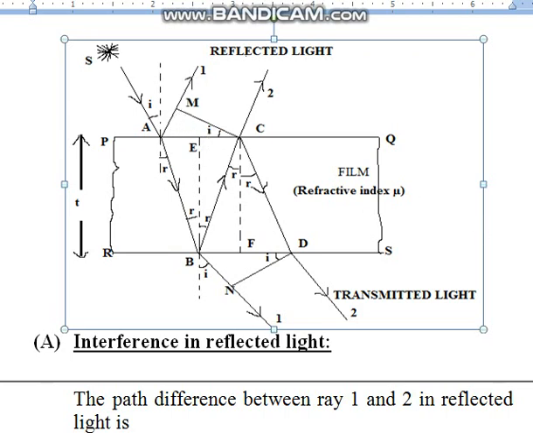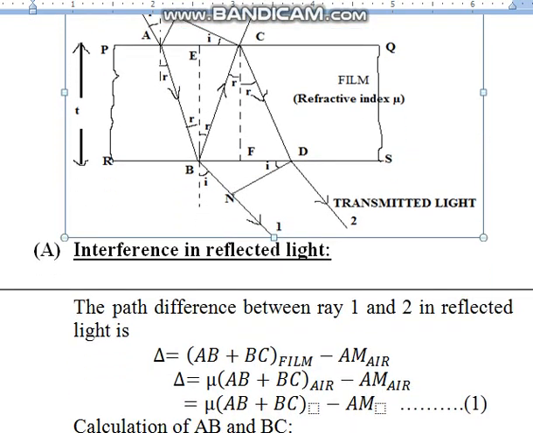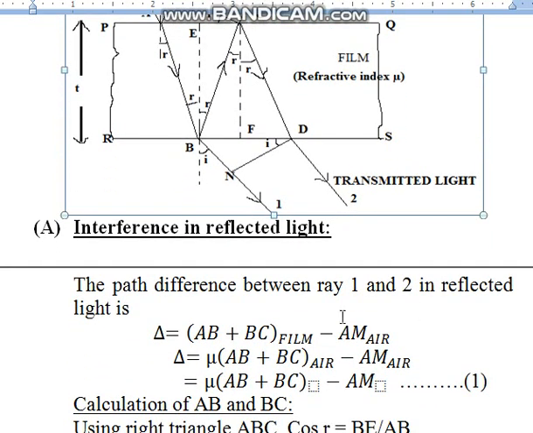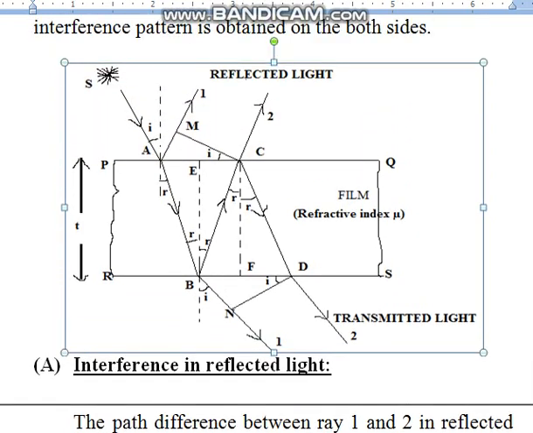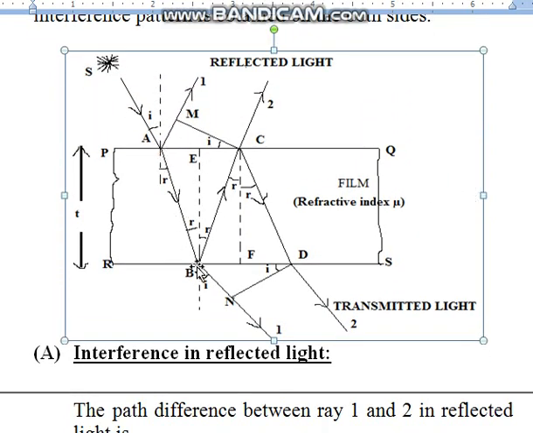Now let's discuss the interference in reflected light. First of all, let's write the path difference between ray 1 and 2. It is AB plus BC in film minus AM in air. See here, AB plus BC is in the film, and the AM path is in air.